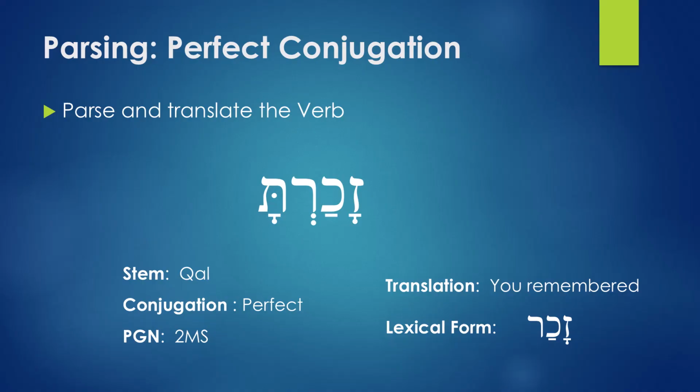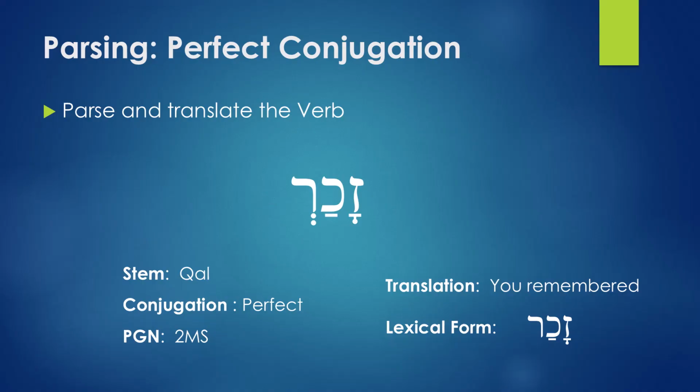So the person, gender, and number is given by the suffix. Now, what is the lexical form? The lexical form is zakar. You may be wondering, how do you get the lexical form when you have endings? Let me give you the shortcut. The first step, remove the suffix and leave only the 3 root letters. So you remove the ta and leave only the root letters.